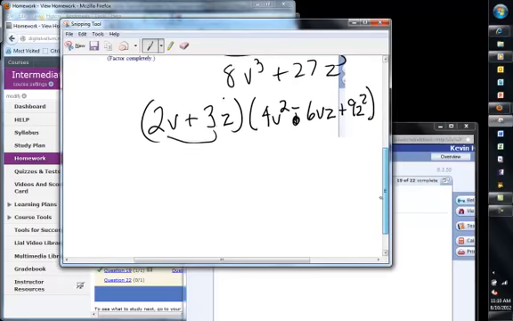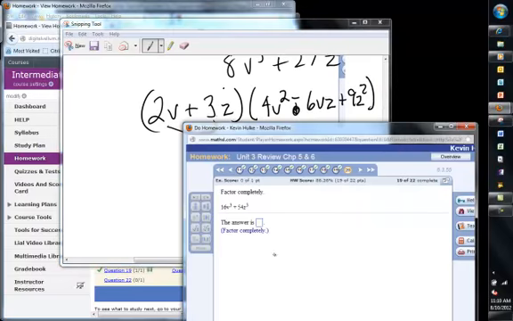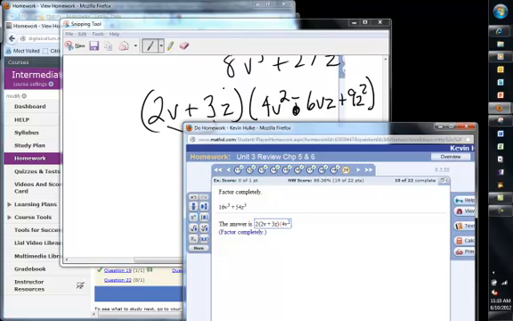Okay, so that's our factored form. 2 parentheses 2v plus 3z parentheses 4v squared minus 6vz plus 9z squared.